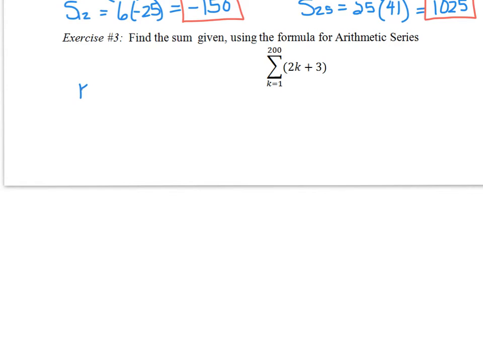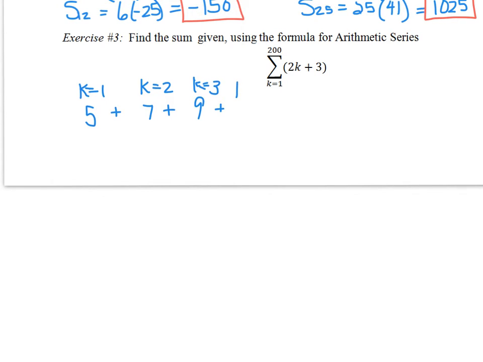So I'm going to start with k equaling 1. When k is 1, I see that I have 2 times 1 plus 3, so my term is 5. When k is 2, I'm putting 2 in for k, so 2 times 2 is 4 plus 3 is 7. When k is 3, 2 times 3 is 6 plus 3 is 9.